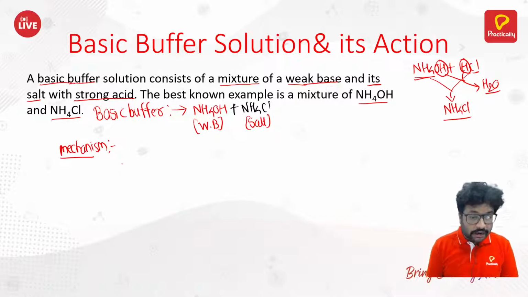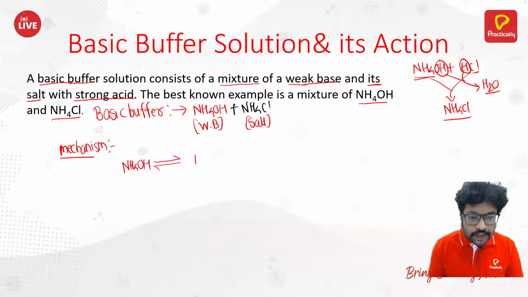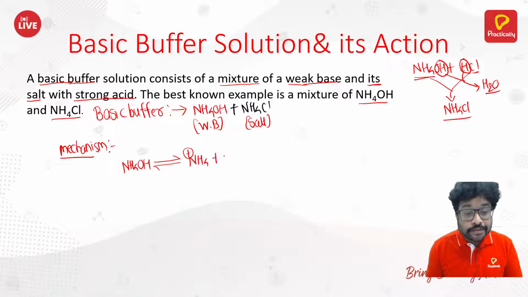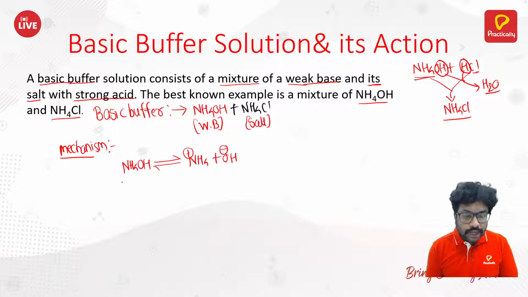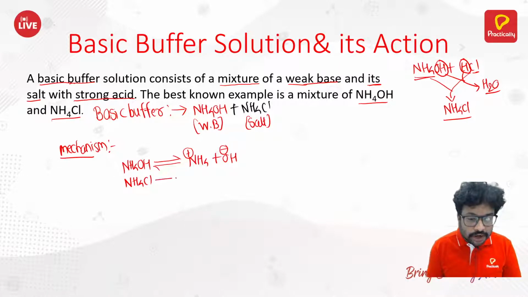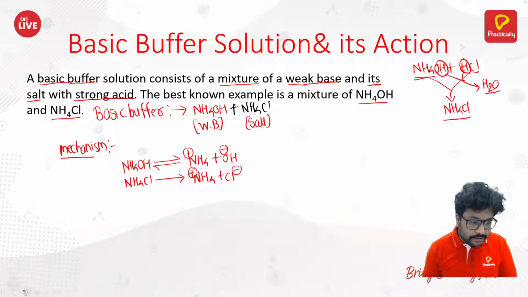So again, NH4OH is a weak base, so it will dissociate reversibly to give you NH4 plus and OH minus, right? NH4Cl is a salt, so it will dissociate completely to give you NH4 plus and Cl minus.